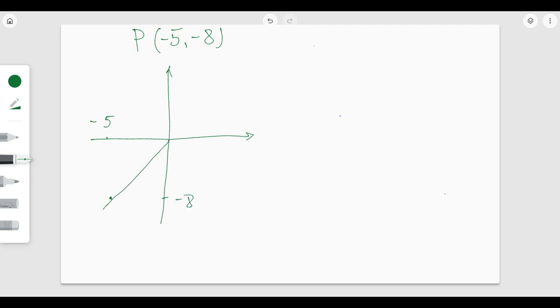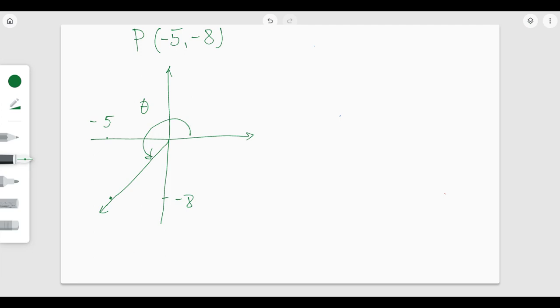So I want to highlight again, to sketch a proper principal angle, it's not enough to just show the terminal arm. You have to show all the space which is covered by the principal angle, all the way from the initial arm until the terminal arm. So this is angle theta. And we are to find the value of r as well as to determine the primary trigonometric ratios for the angle theta.